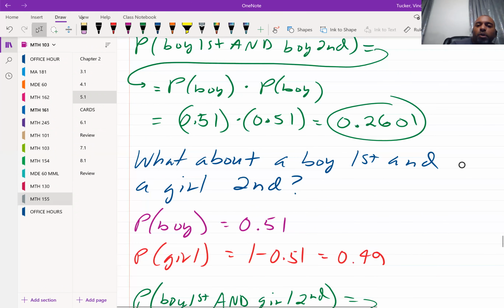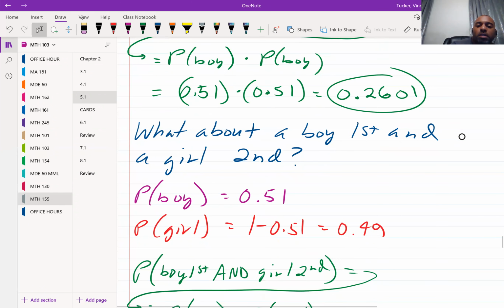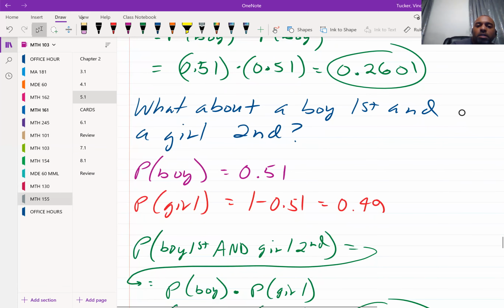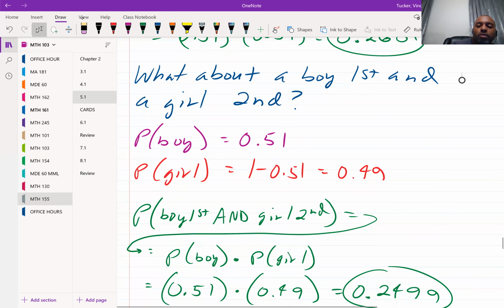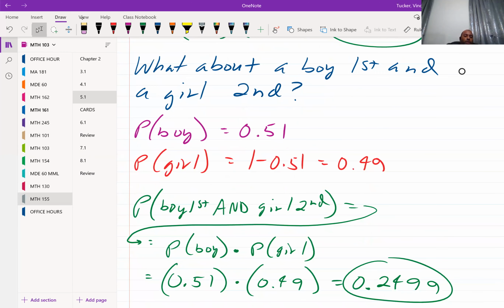And we can just go ahead and multiply those together by doing this green up here. So the probability of getting a boy is 0.51 multiplied times the probability of a girl 0.49. That's 0.2499.